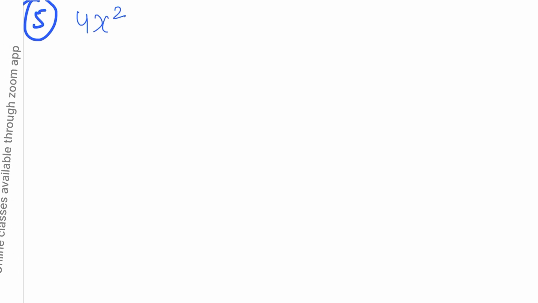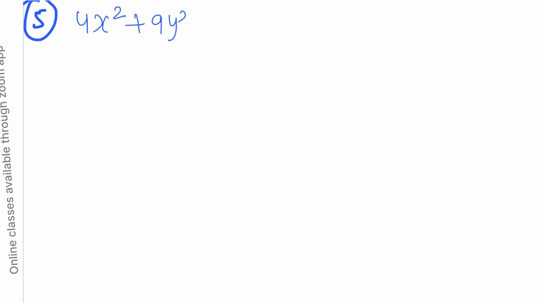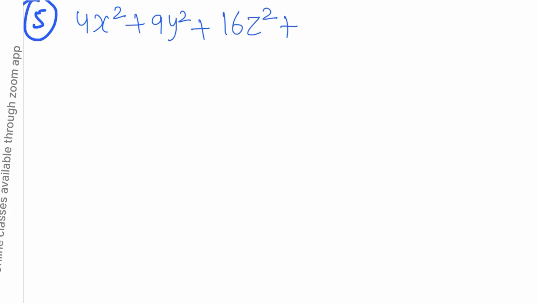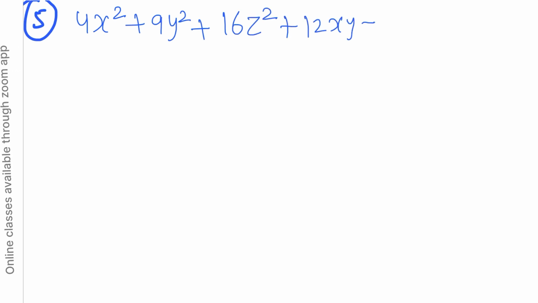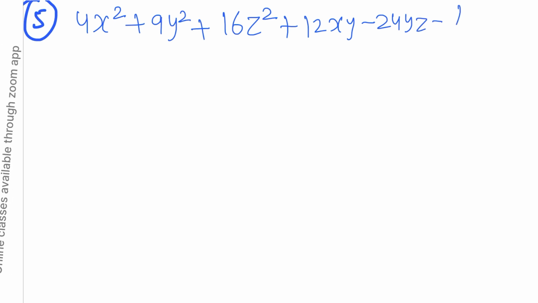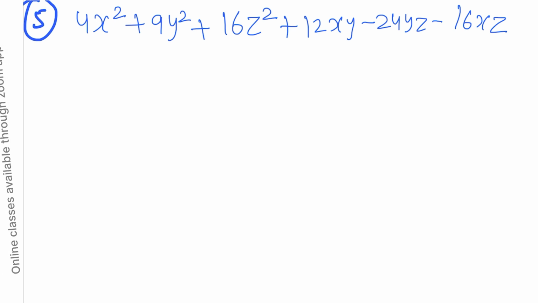We have next question number 5, factorize: 4x square + 9y square + 16z square + 12xy - 24yz - 16xz. Now this is a reverse of question number 4. As we have been given the expansion, we need to find the factorization.